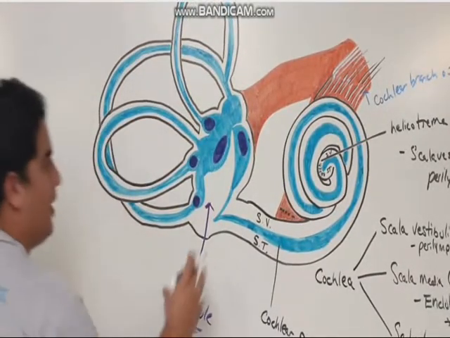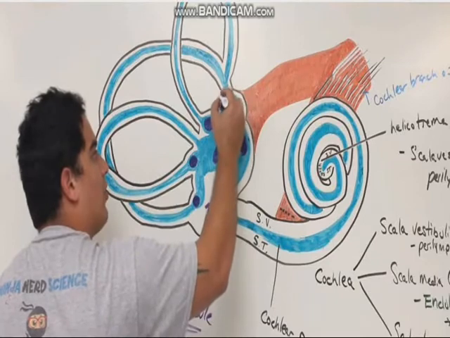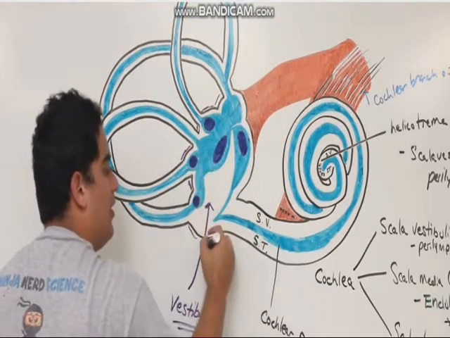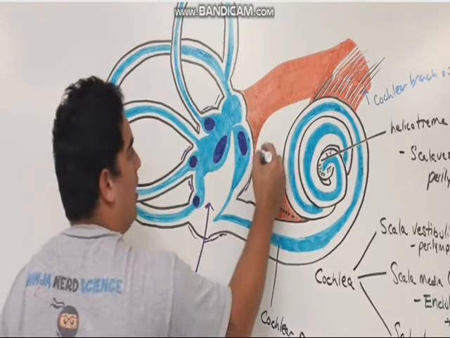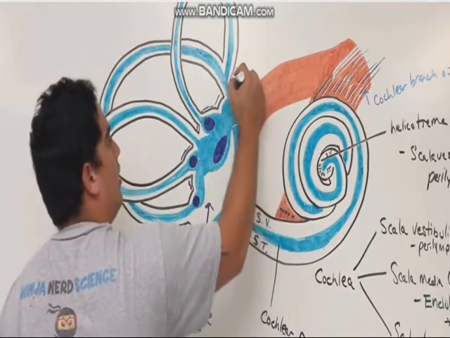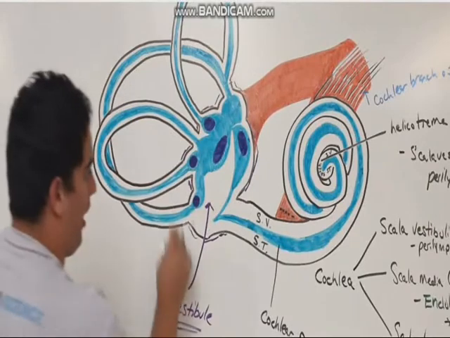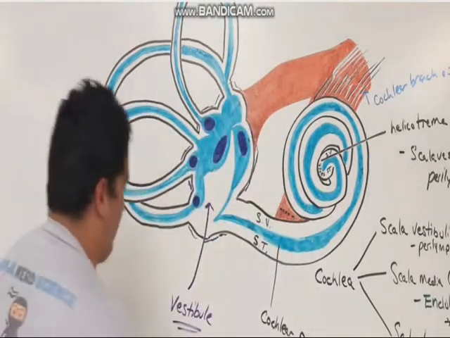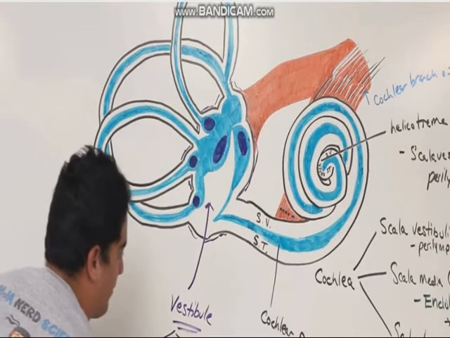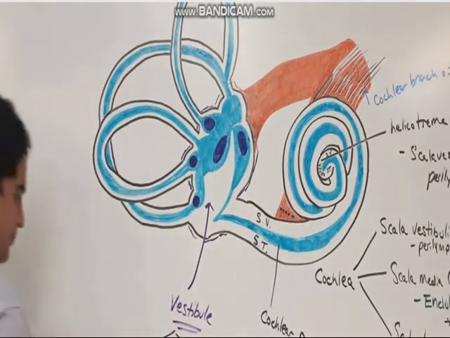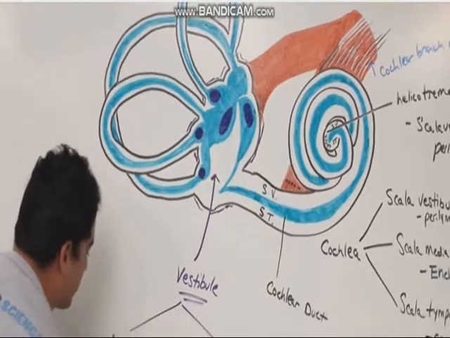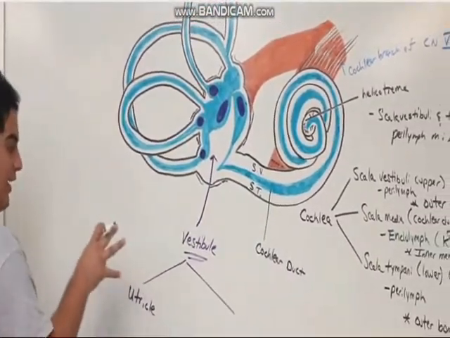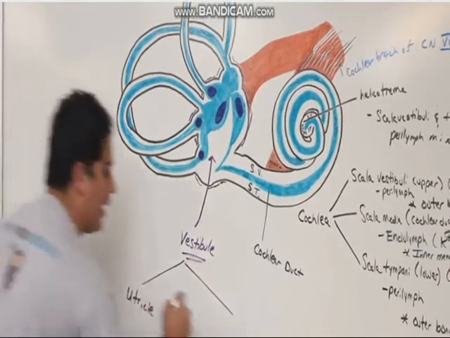And then this is called the vestibule. This vestibule contains the utricle and saccule and the endolymphatic sac and duct. The cochlear part is connected to the vestibular part by the canal of Reuniens. The vestibular part has the vestibule, utricle and saccule.